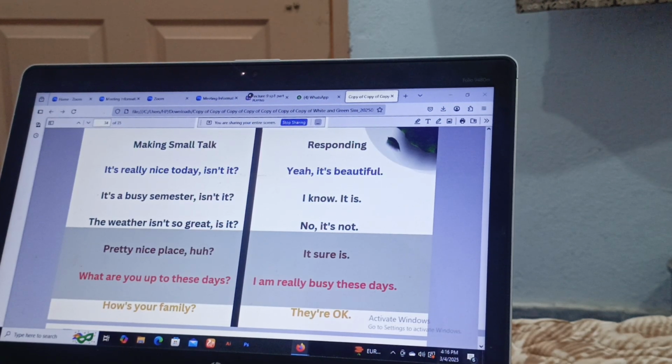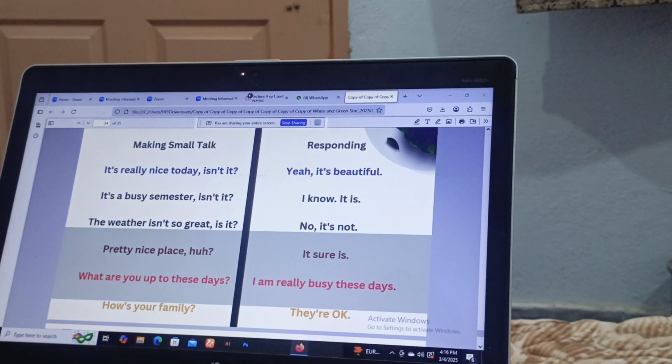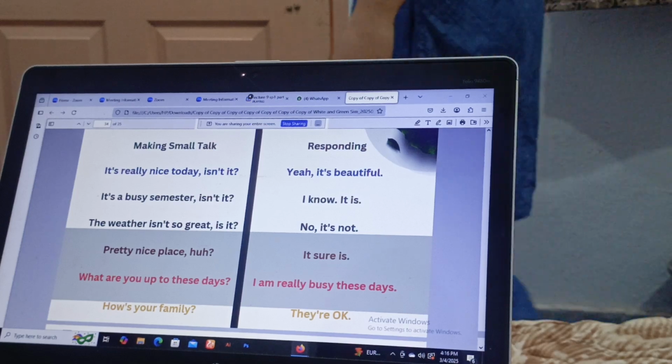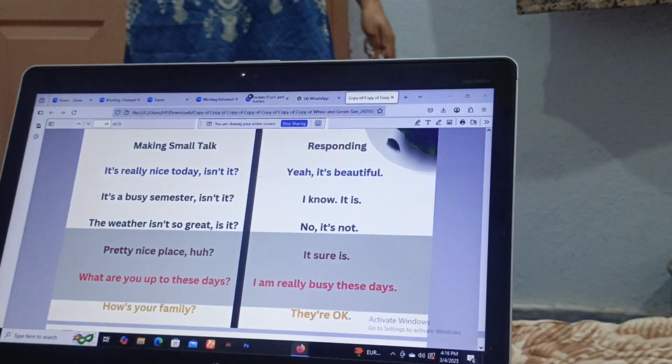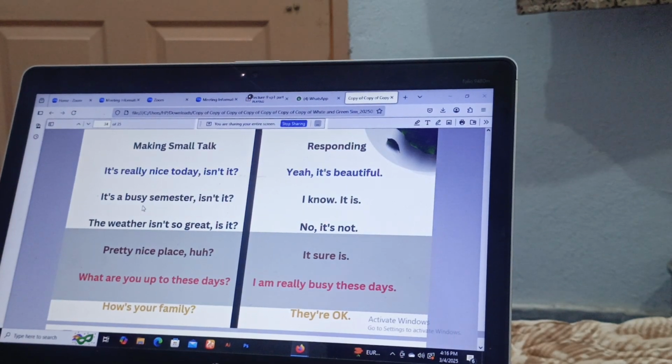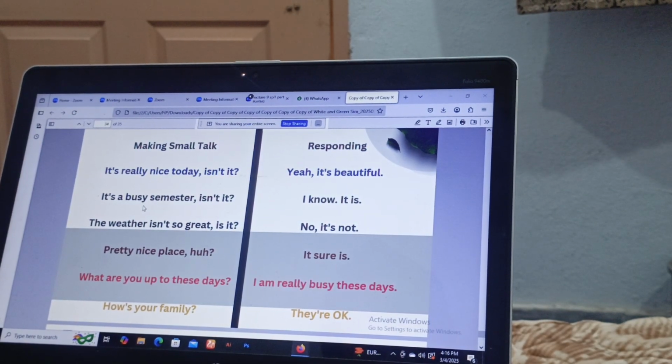That's in blue. It's really nice today, isn't it? Okay. So the person responding would say, yeah, it's beautiful, right? Okay, can you read the one in green? It's a busy semester, isn't it?